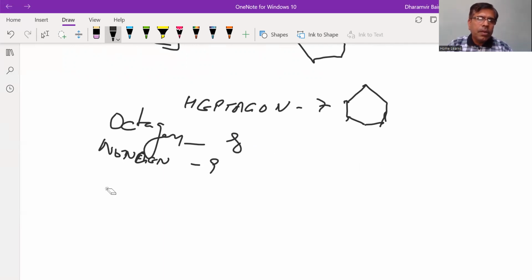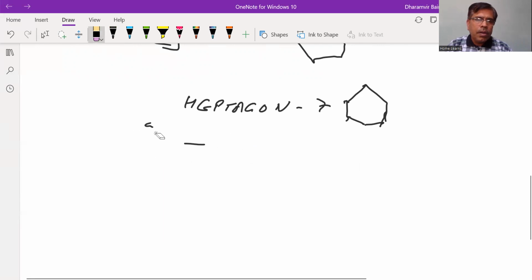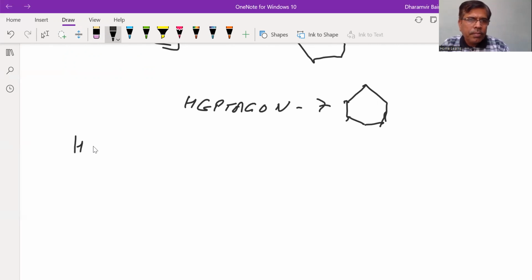Octagon has 8 sides. One, two, three, four, 5, 6, 7, and 8.